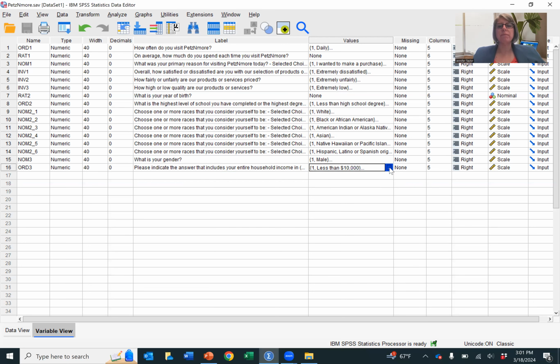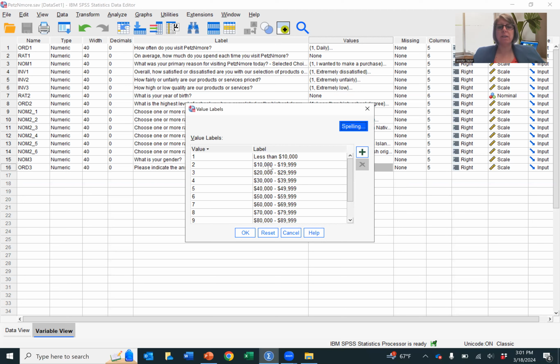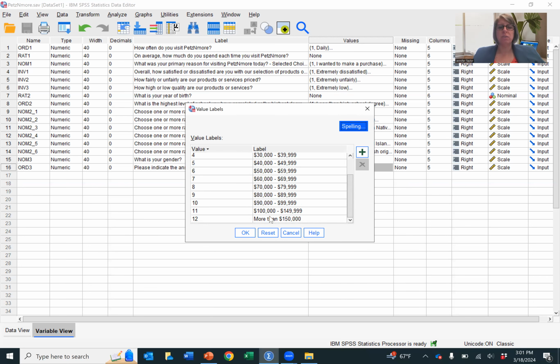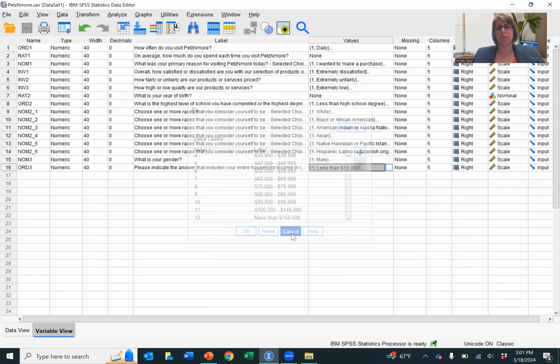And we have scales: less than 10,000, 10,000 to 19,999. And so it looks like they're all about 10,000. And then you get down to 11, it's 100,000 to 149,999. And then 12 is more than 150,000. And so it is unequal measurement scales, which makes it ordinal.